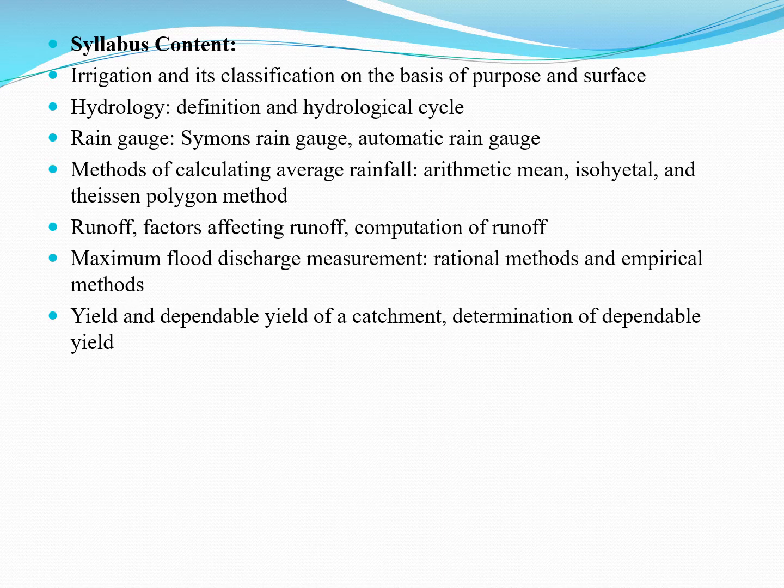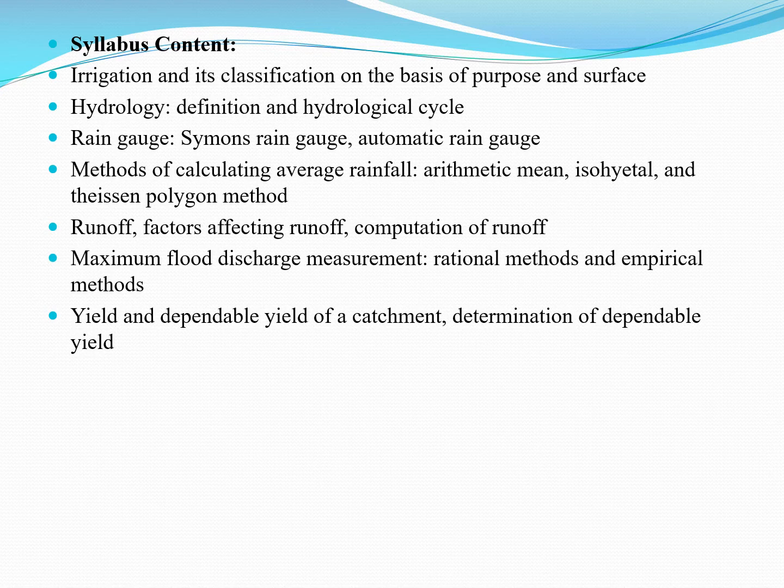Now let's get started from Chapter 1, Introduction to Irrigation and Hydrology. We first start from the syllabus content. It covers irrigation and its classification on the basis of purpose and surface.